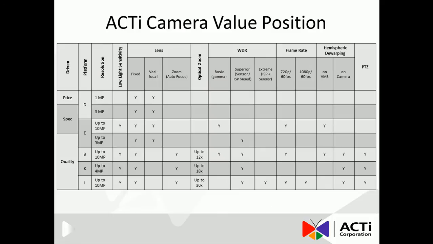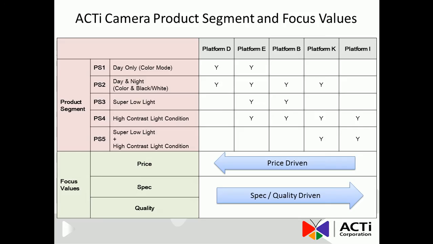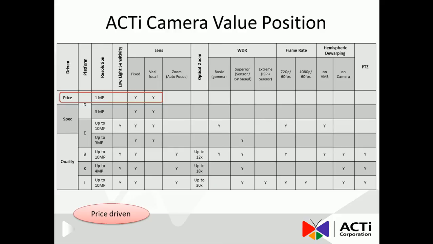Let's zoom in a little bit more and take a look at more details of all the platforms. The D series for pricing will give you 1 megapixel. For very basic offering, we'll give you fixed lens and varifocal in D. And up to the spec segment will give you for D series 3 megapixel and E series up to 10 megapixel.